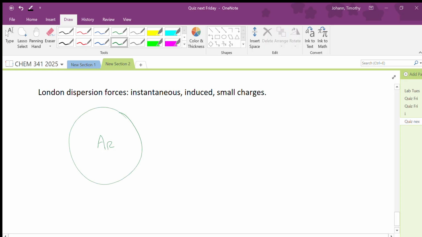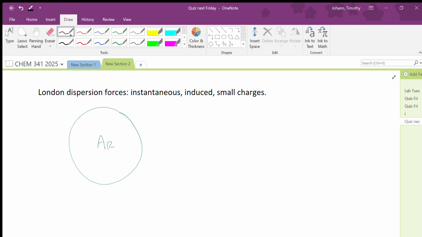For argon, how many electrons do we have in the outer shell? 8, right? And those 8 electrons are whipping around all the time. They're actually a cloud, but we're not going to treat them as a cloud for this example. We'll think about them as being in specific positions for the moment.